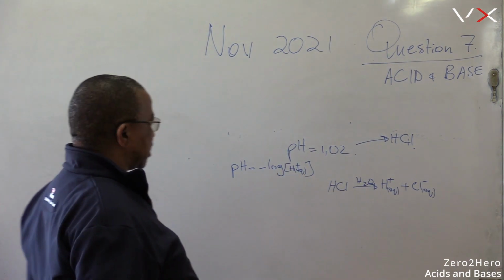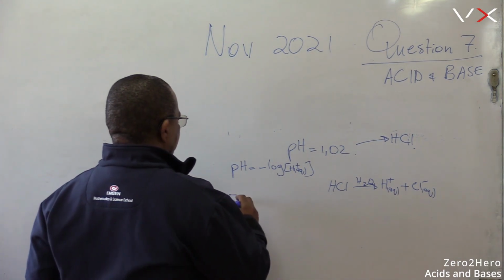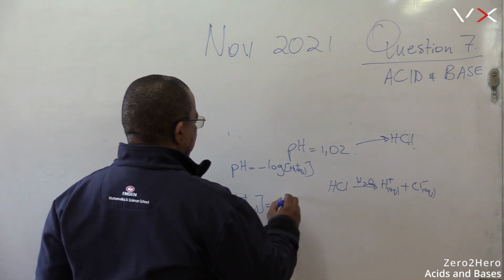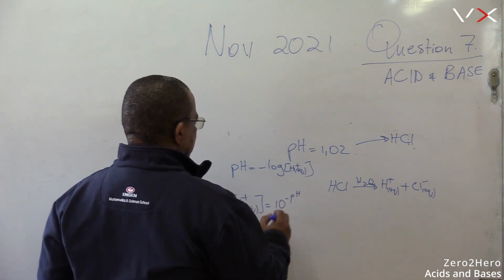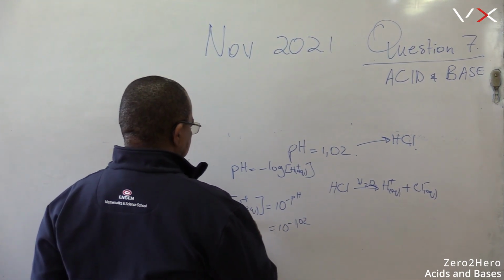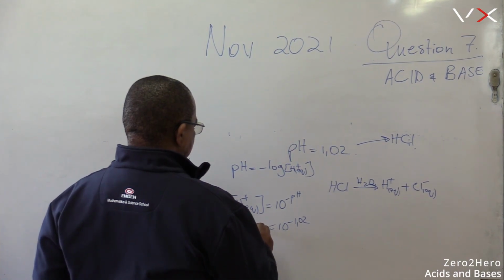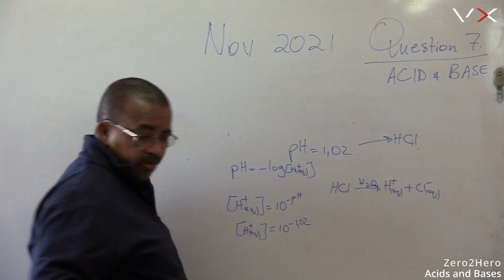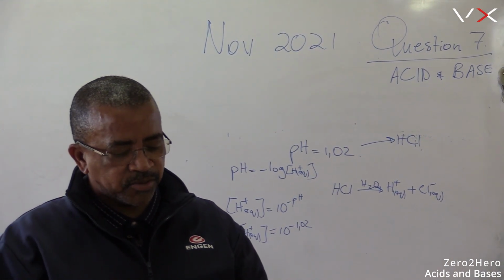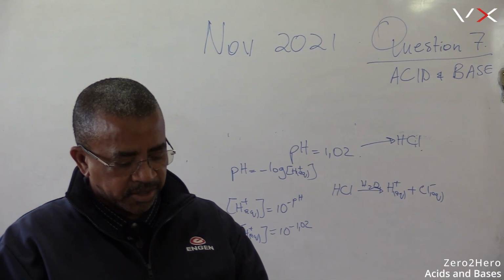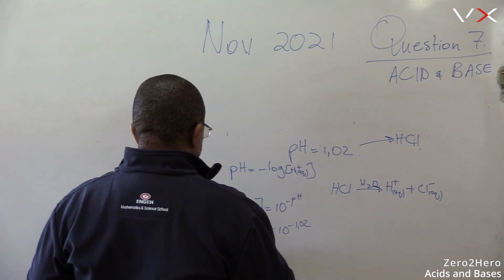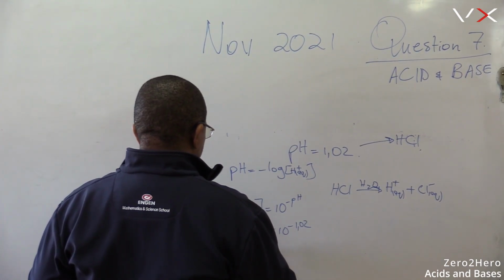So let us first find the concentration of H plus. The concentration of H plus aqueous is equal to 10 to the power minus pH, which is 10 to the power minus 1,02. Let us see how we get this 10 to the power minus 1,02.